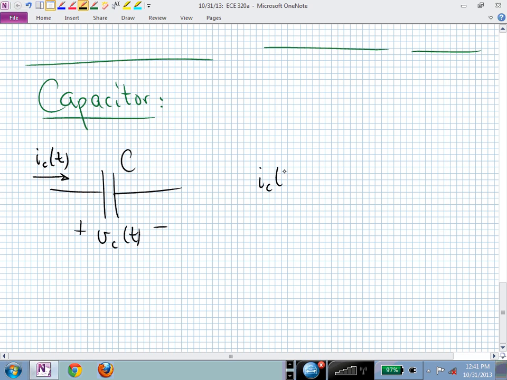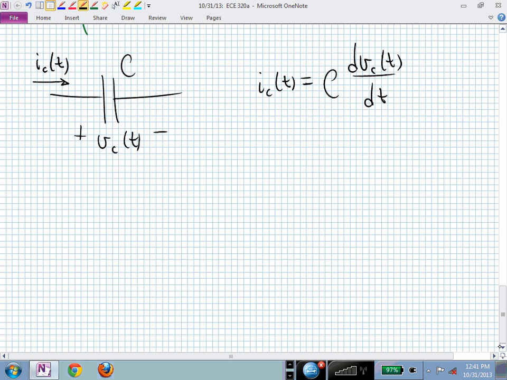And with ICE, we know that I is equal to C dV sub c of t dt. That equation is consistent with how that capacitor is labeled, both current and voltage. That's the governing current-voltage relationship of a capacitor.